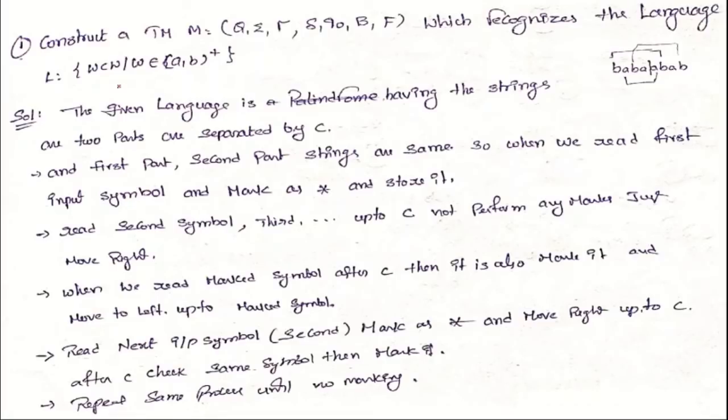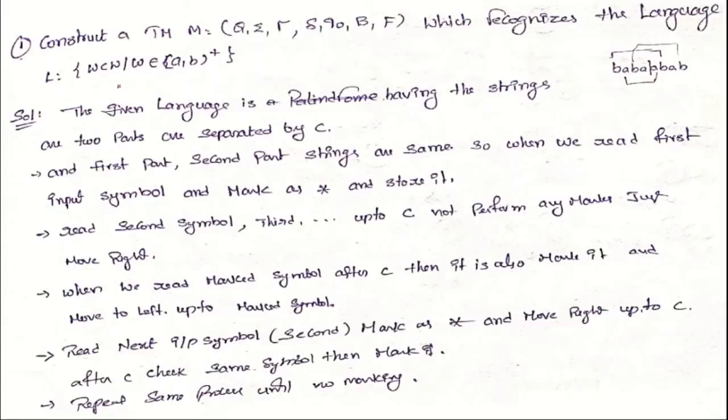After C, it will check whether there is any unmarked symbol or not. If there is a marked symbol, simply skip, that means move right until we get an unmarked symbol. If there is an unmarked symbol, we check whether it matches the symbol we just copied into memory. If both match, the unmarked symbol is converted to an external marker and we move back.